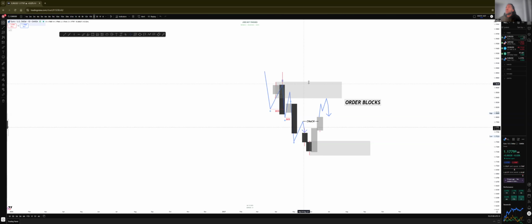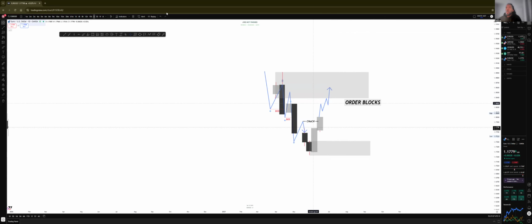At that point, you do include the entire wick and you wait for confirmation. Because when the market comes and mitigates in here, it's not just going to shoot down. It's going to mitigate and create some more liquidity within it. And then it'll give you a change of character and break of structure within the box, and then you can take your sell.